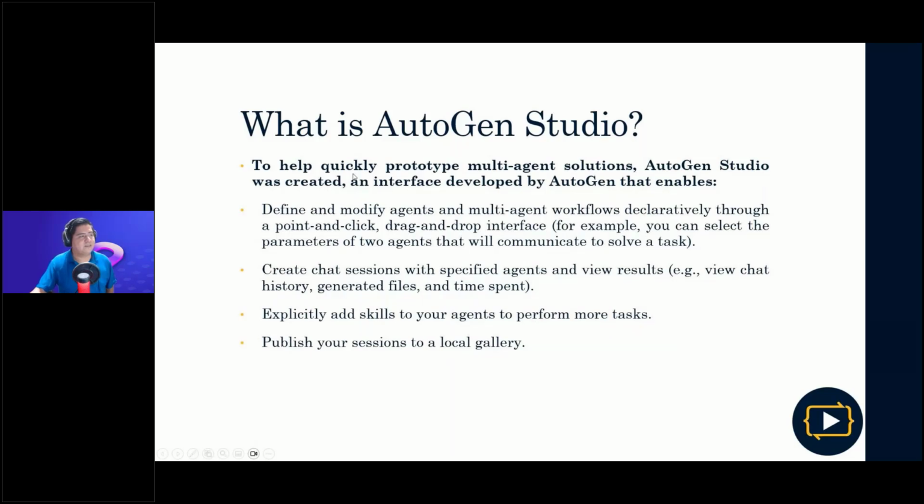AutoGen Studio is an interface developed by AutoGen that enables you to define and modify agents and multi-agent workflows declaratively through a point and click. That is to say, you can configure all the elements on a graphical interface. You can create chat sessions with specified agents and view results. We can explicitly add skills to your agents to perform some tasks, and you can publish your sessions to a local gallery.